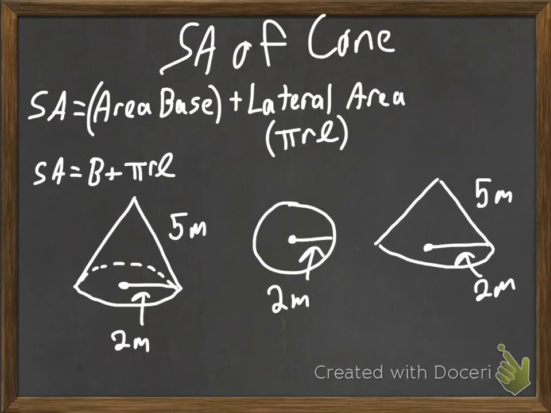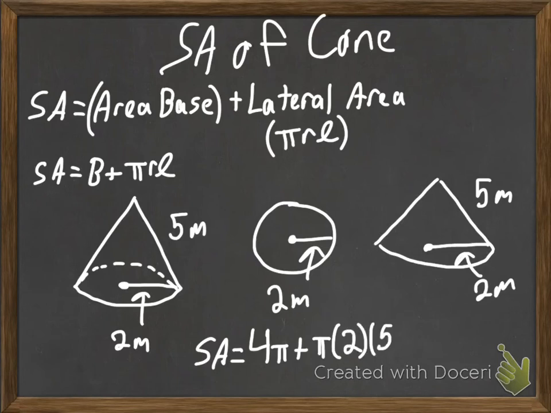So when we plug this in the formula, it's going to look like surface area equals 4 pi plus pi times 2 times 5. After we plug that in the calculator, we get 43.98 meters squared.